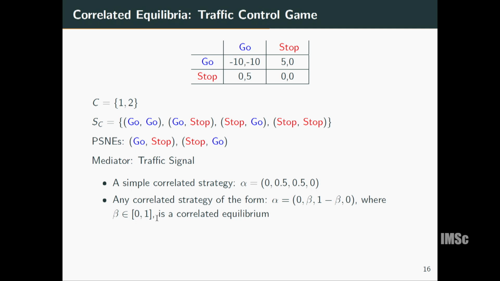What you can also prove is that any unfair kind of correlated strategy, that means any probability beta here and 1 minus beta here, all of them will be correlated strategy equilibria. Not only this, which seems to be very fair, but everything else will be correlated strategy equilibria.